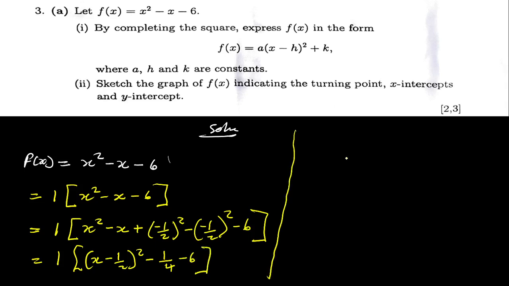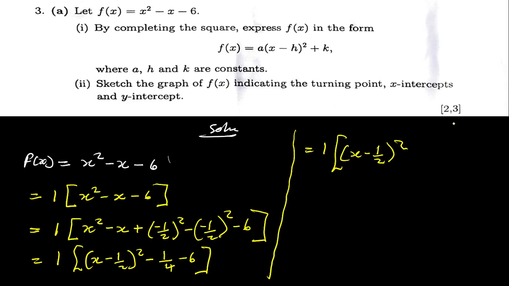So this will be 1 times x minus half squared, and then work out negative 1 minus 4 times 6, which is 24, over 4.